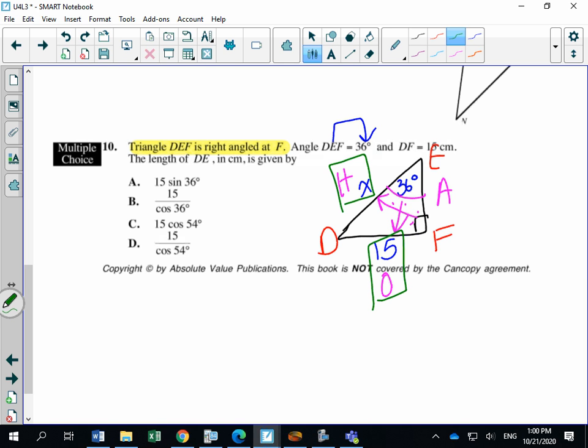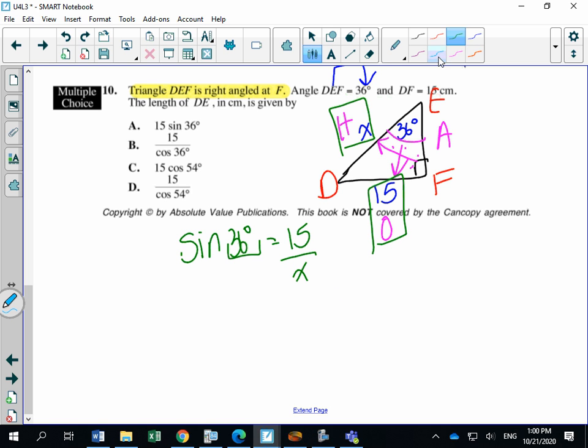What trig ratio has the O and the H? Yes, so the sine of my given angle, which is 36 degrees, is equal to O over H. So O is 15 over H is X.